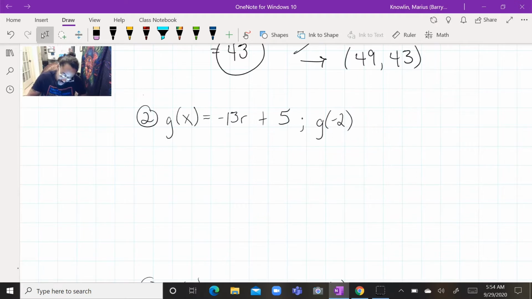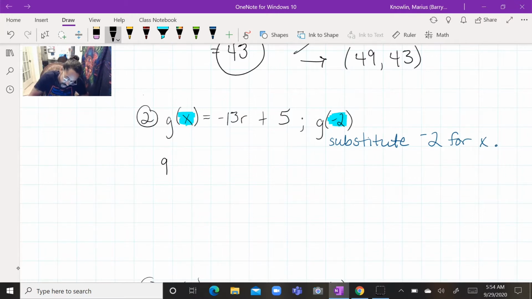Number 2, we're going to substitute, instead of x, we're going to put negative 2. So substitute negative 2 for x, and then we apply the order of operations.